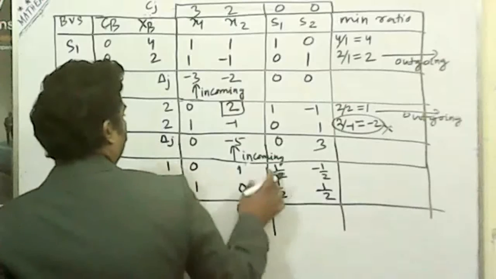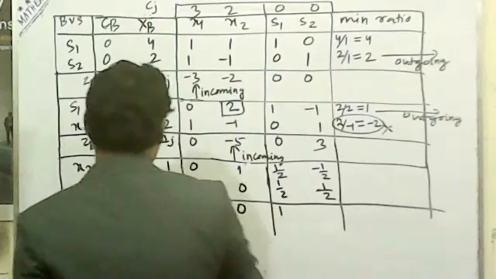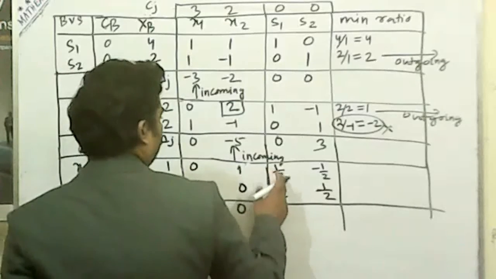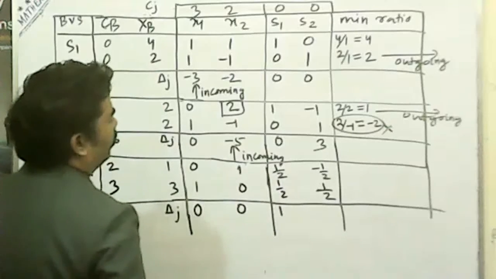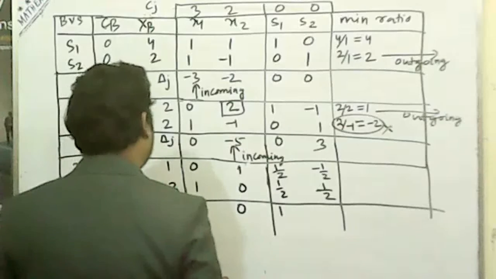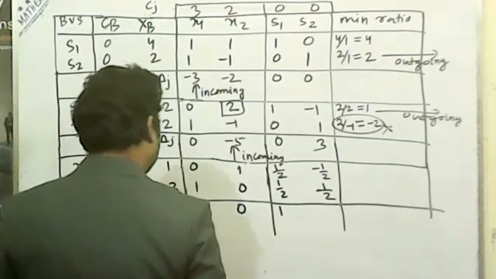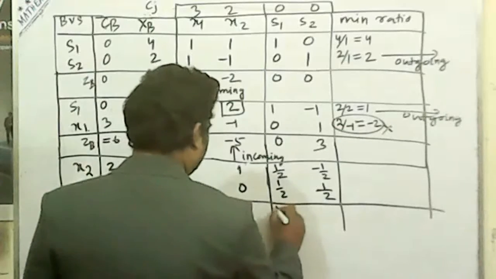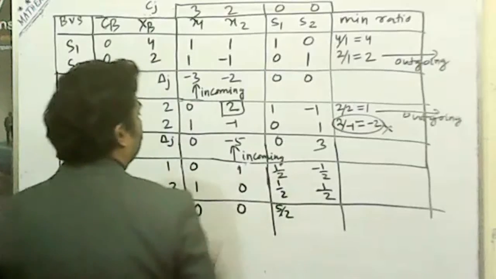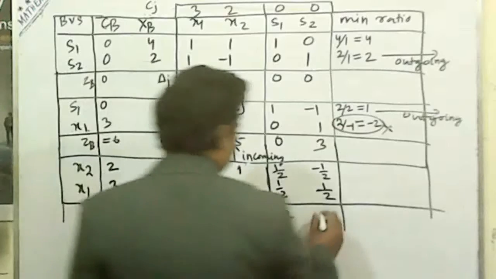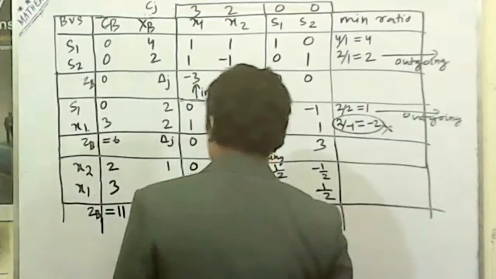Now this is 2 into 1 by 2, that is 1, plus 3 by 2. 1 plus 3 by 2 means 5 by 2. This is 5 by 2. Here minus 1, here 3 by 2, that is equal to 1 by 2.